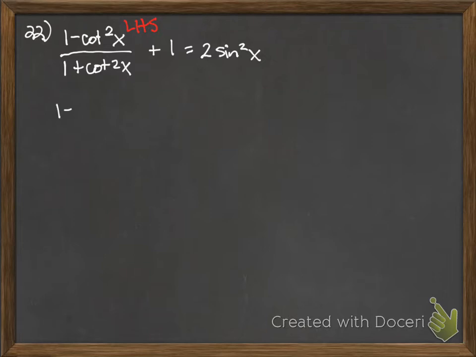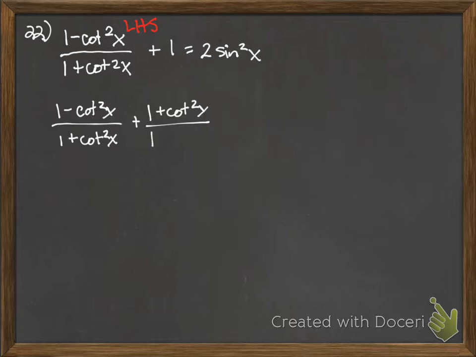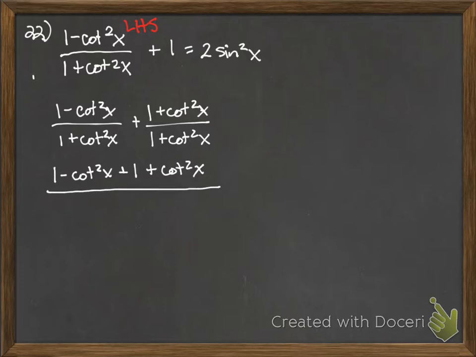So I'm going to put 1 minus cotangent squared x over 1 plus cotangent squared x plus 1 plus cotangent squared x over 1 plus cotangent squared x. Okay, now I'm going to have 1 minus cotangent squared x plus 1 plus cotangent squared x all over 1 plus cotangent squared x.